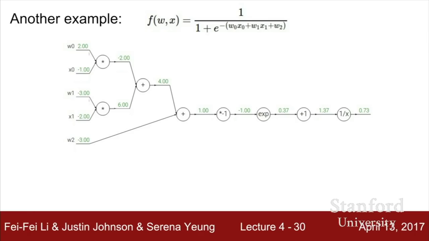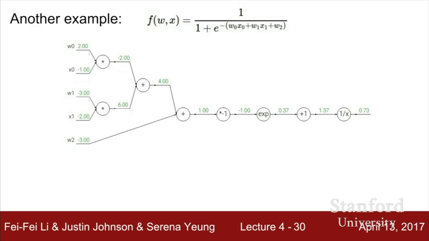So now we're going to go through another example, this time a little bit more complex, so we can see more why backprop is so useful. In this case, our function is f of w and x, which is equal to 1 over 1 plus e to the negative of (w0 times x0 plus w1 times x1 plus w2). Right, so again, the first step always is we want to write this out as a computational graph.